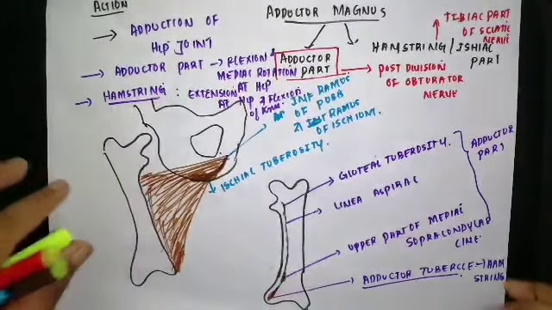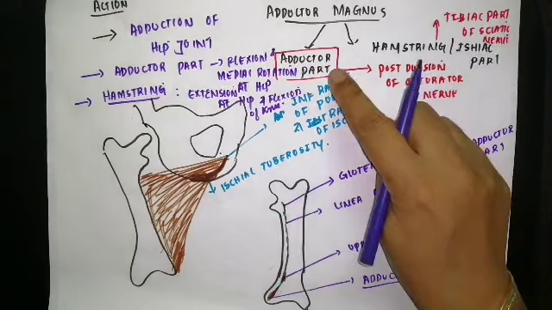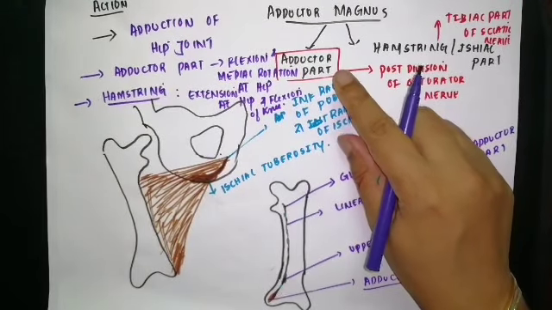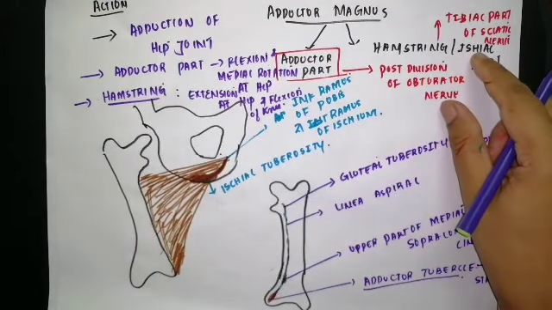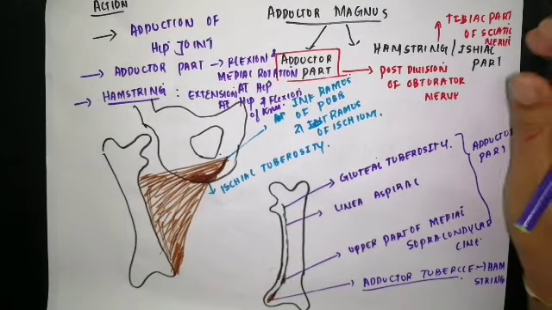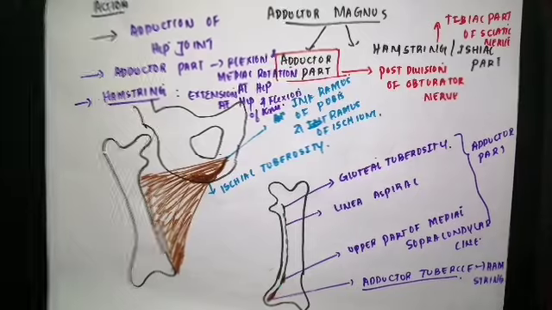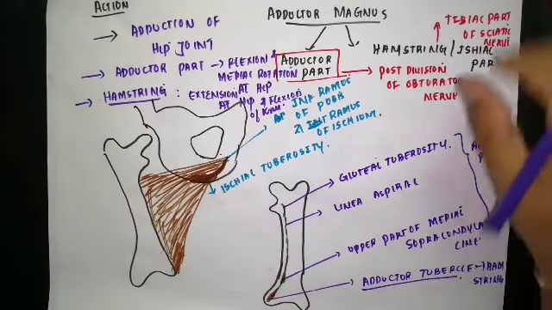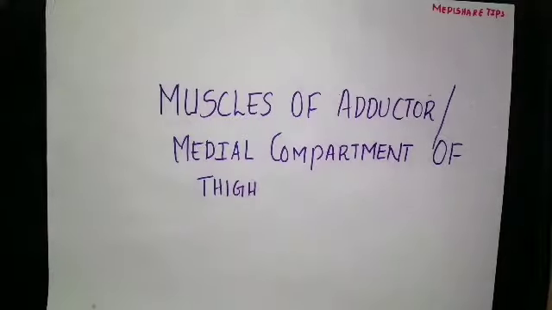So it has different actions: the adductor part carries out flexion and medial rotation at hip joint, whereas the hamstring part carries out extension at hip joint. And the adductor magnus as such carries out adduction at the hip joint.